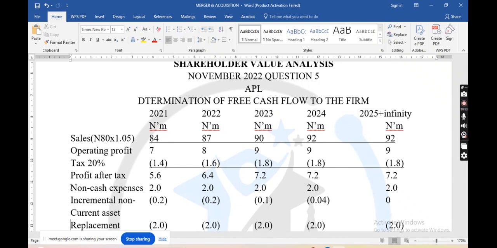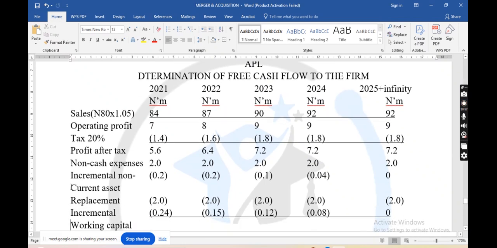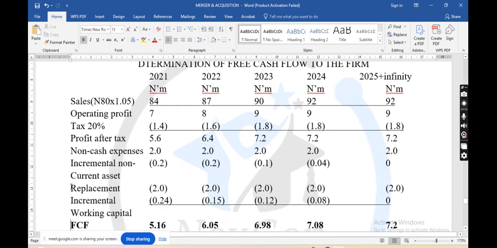So picture the format of free cash flow. Then the question will tell you where to go. Either it is equity. So once they say equity value, it is free cash flow to equity. But what you will use to discount that free cash flow to equity is the cost of equity.